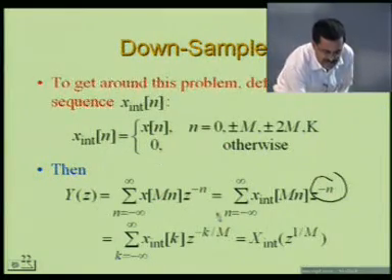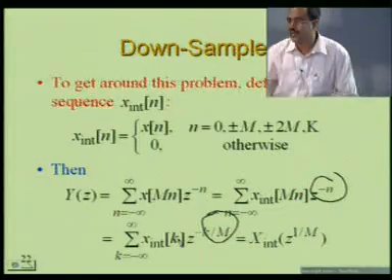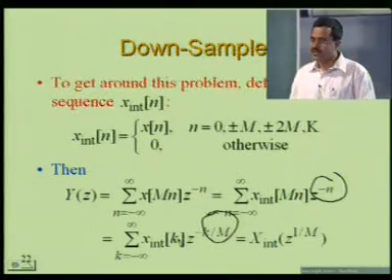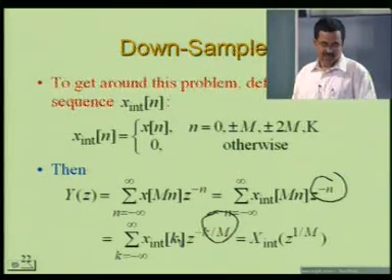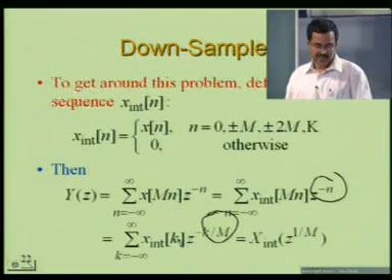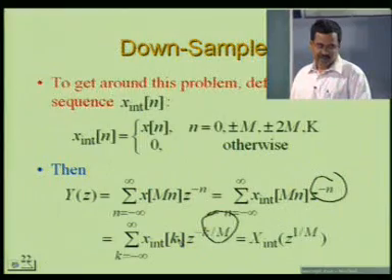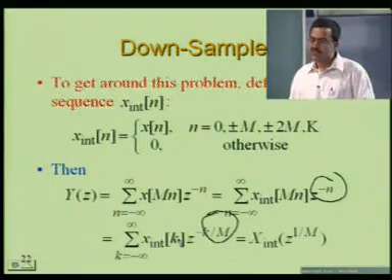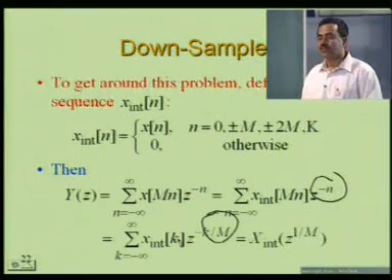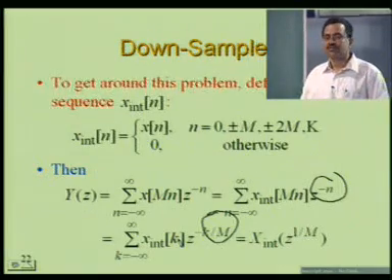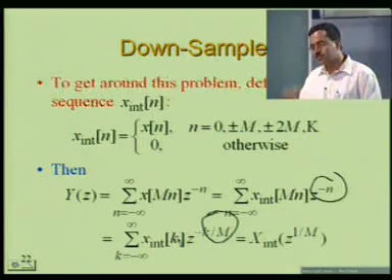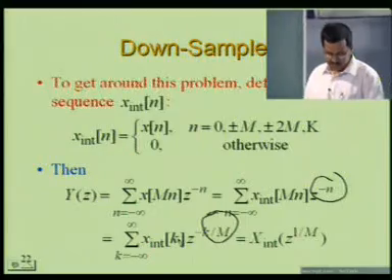Now, here n is replaced by k divided by M, there should not be any confusion. That is equal to X_int(z to the power 1 divided by capital M). So, in this way I can compute the Z transform of the output sequence y[n].